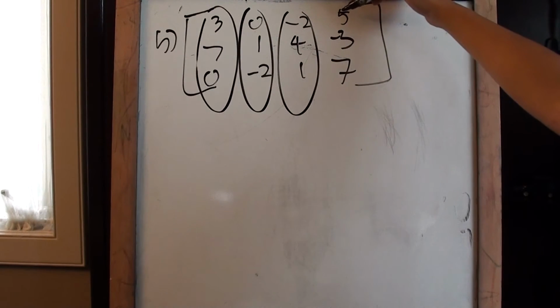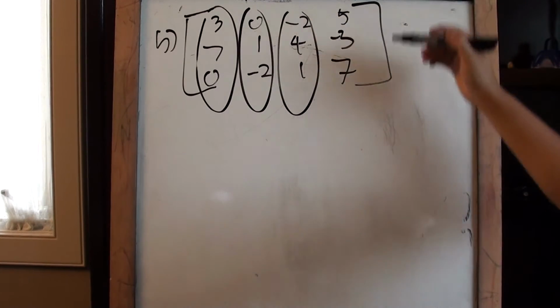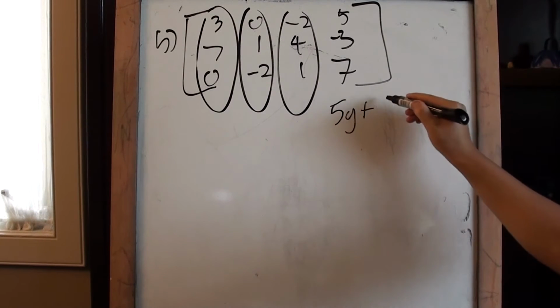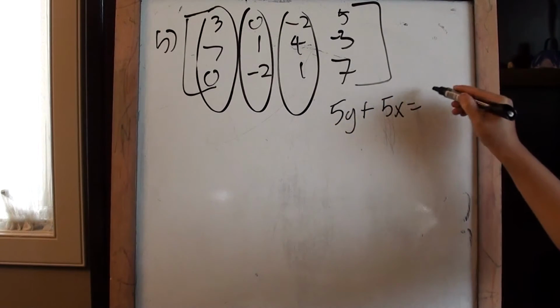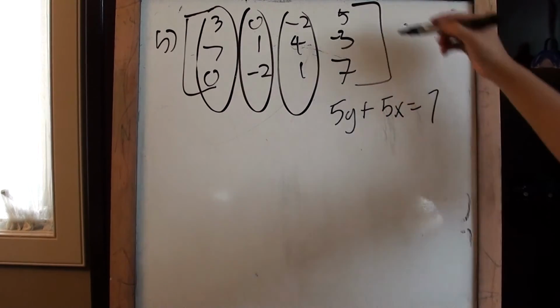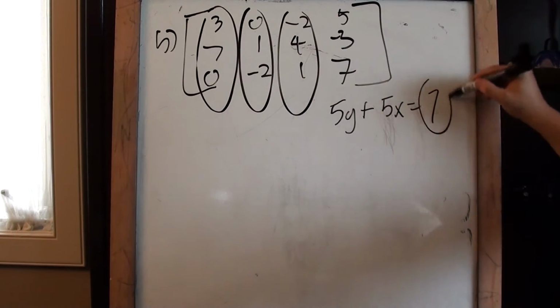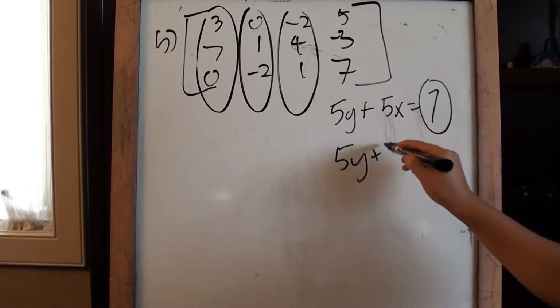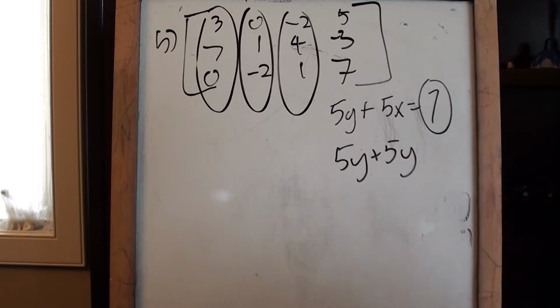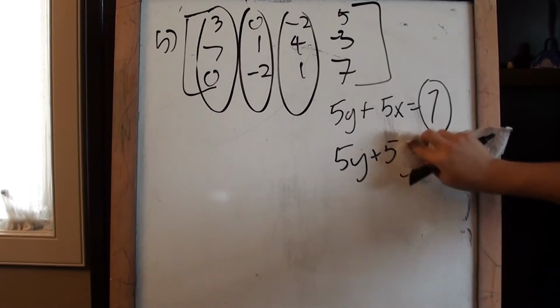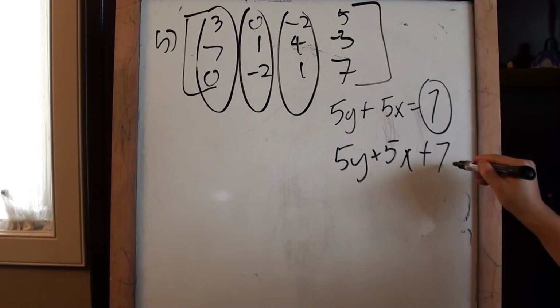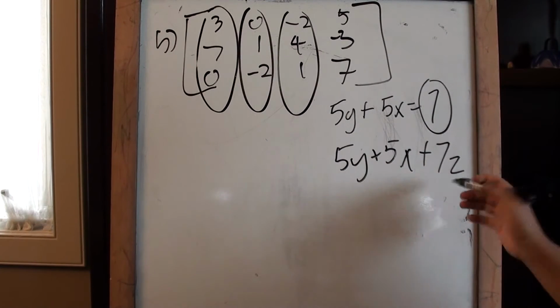This last column technically could be an unknown variable, but for the most part we just assume it equals a constant. For example, remember 5y plus 5x equals 7. Usually the last one implies that it's going to be this. Technically, it could have been this too.